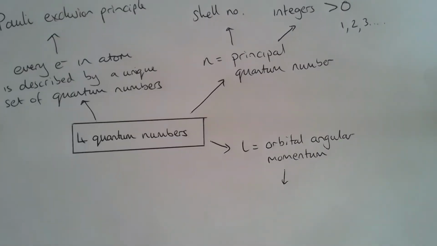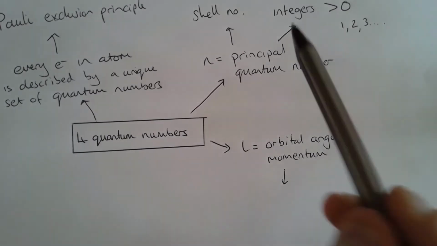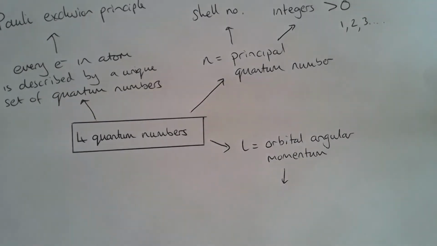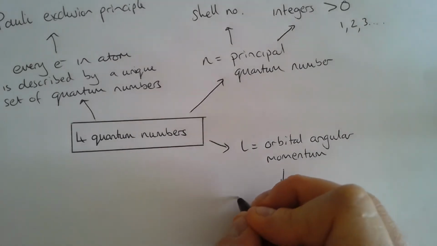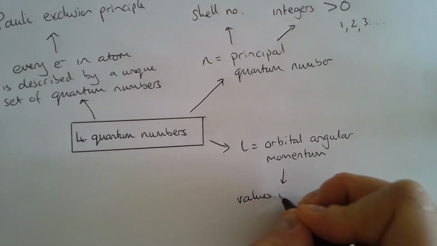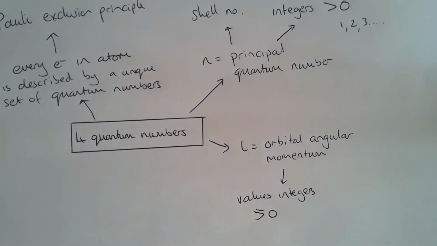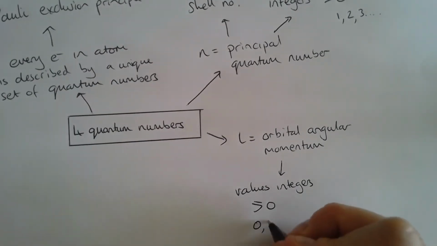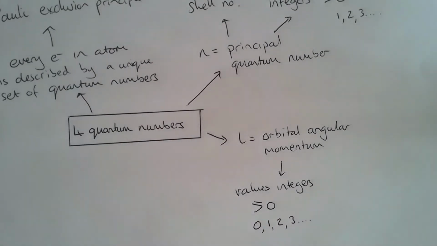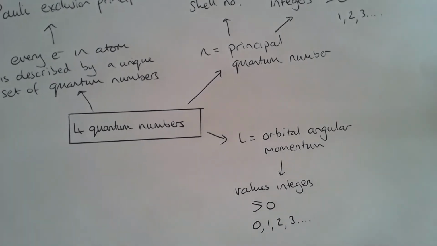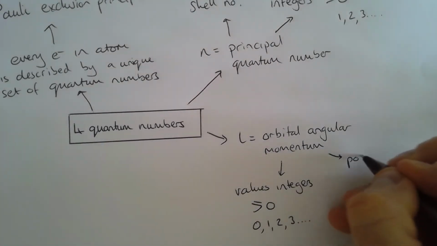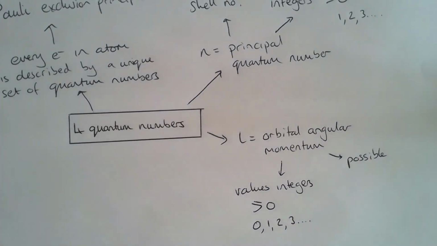The possible values of L are actually the same as the possible values of n, except that whereas n, the principal quantum number, could only have integers greater than 0, L can have integer values greater than and including 0. So 0, 1, 2, 3, etc. And because it has this value of 0, the possible values are linked to the principal quantum number.